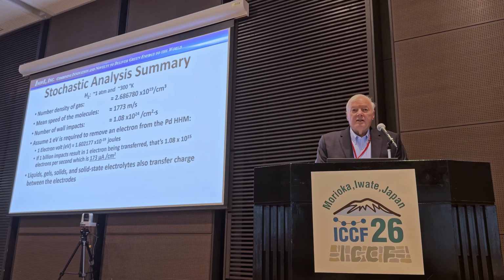So this is amazingly close. And all we have to do, if we say it was really 0.68 electron volts, then that increases the number, and that's a number that's been reported by John Paul and others, and we've measured that too. So we believe that this analysis tends to confirm contact electrification.